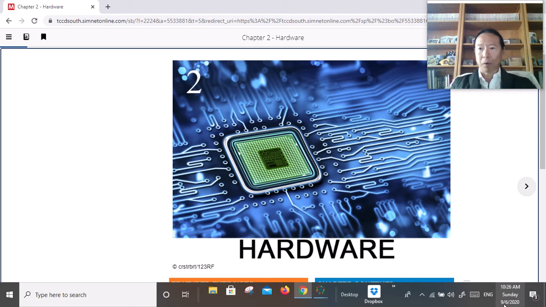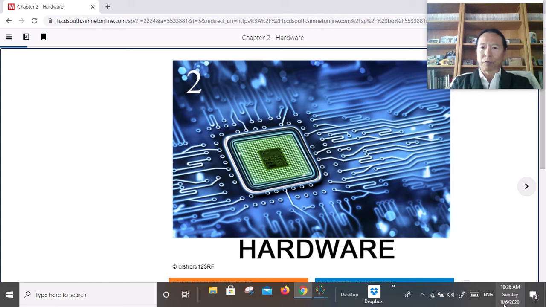Hardware is like the keyboard and the monitor. Software is like PowerPoint presentation software. With that software, you can come up with PowerPoint slides. Without it, you cannot do it.